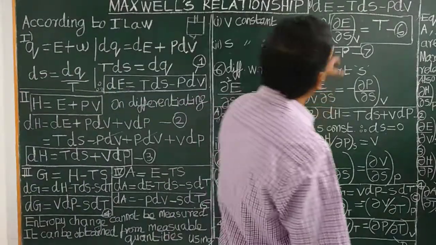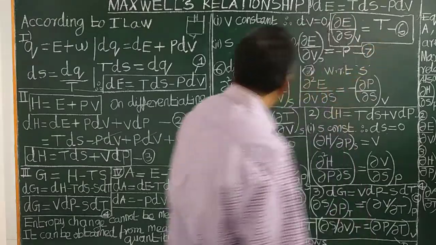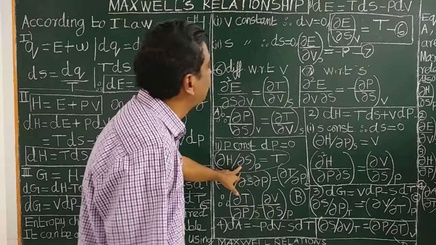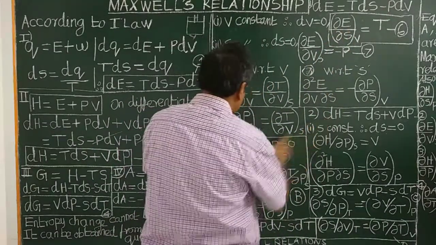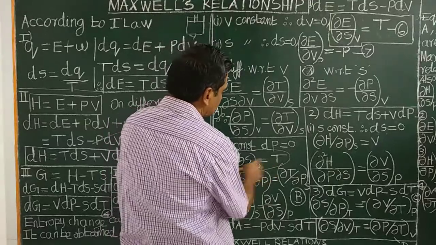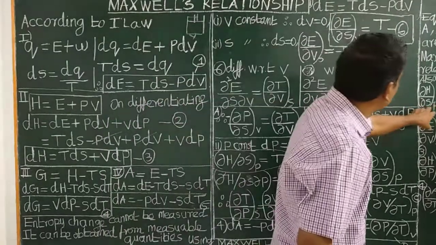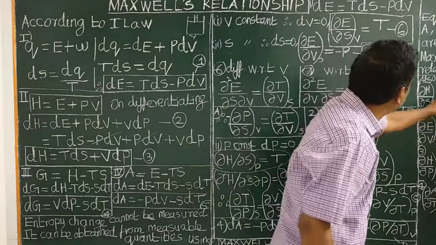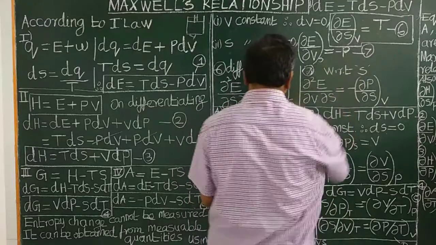Similarly, this is another important one: ∂E/∂S equals T. Here also, this is the expression obtained for dH: ∂H/∂S at constant P. So these are equal; this and this are equal.